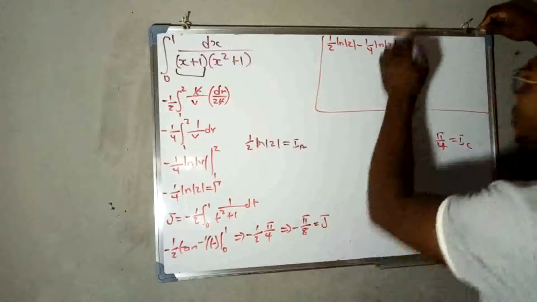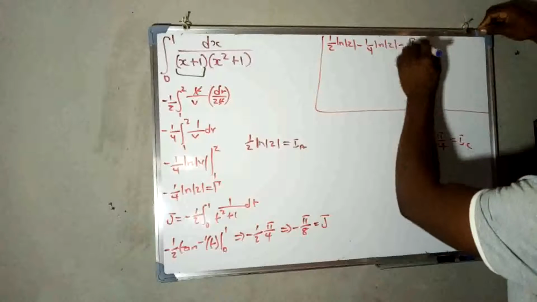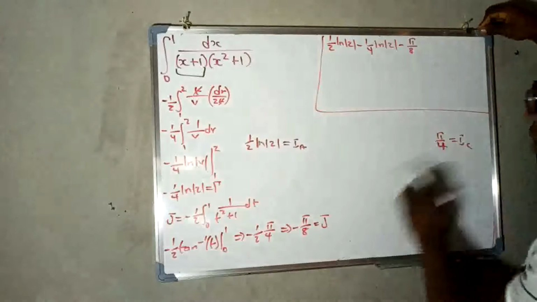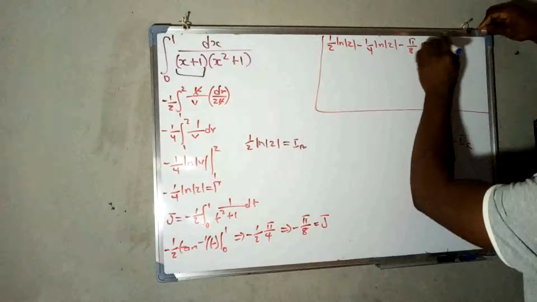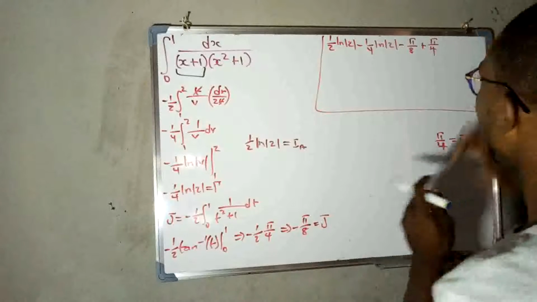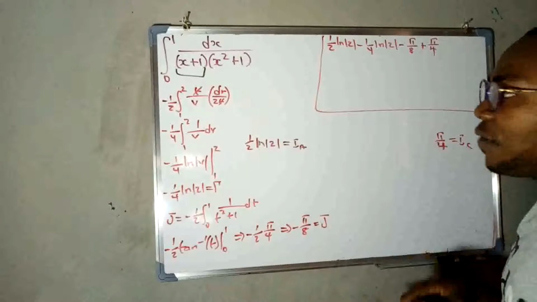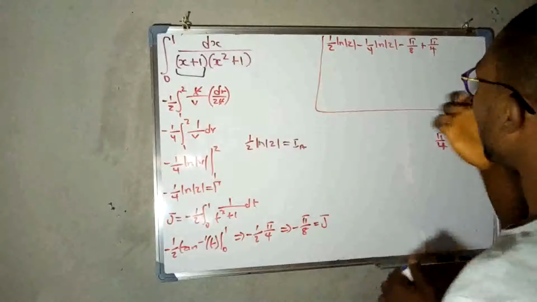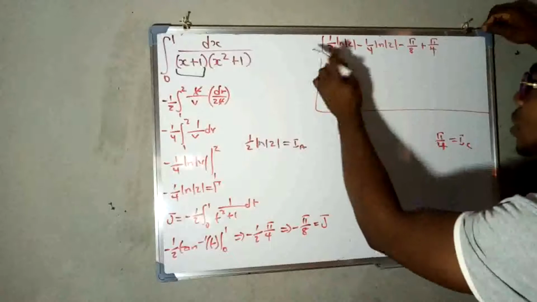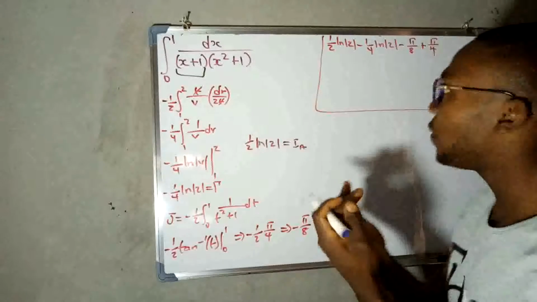Then for my J, which is minus pi over 8, then plus pi over 4. You can see it, plus pi over 4. Now we just have to simplify this to a smaller form.